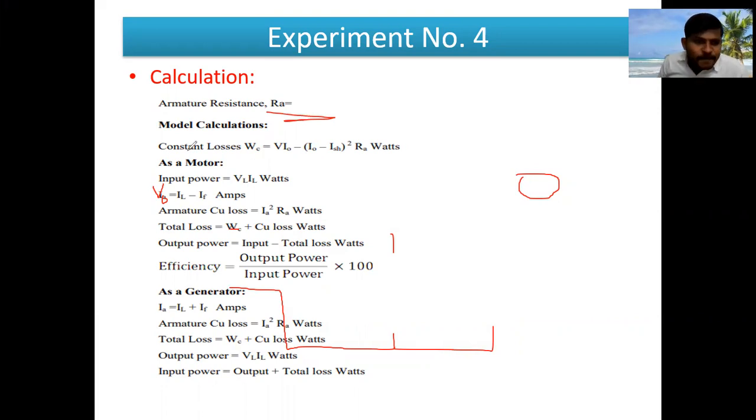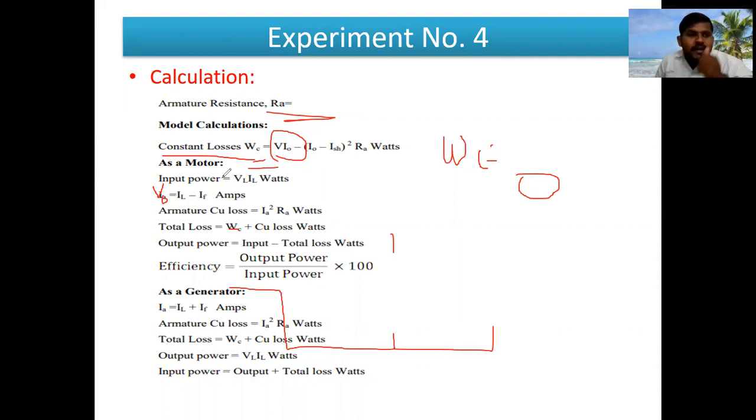After performing the test, in the calculation part, constant losses we want to calculate first. Constant losses we represent as WC. It is equal to no load power taken from the supply, that is V into I0, minus the copper losses, that is IA square RA. IA square RA losses जर calculate केले तर आपल्याला no load constant losses मिळतील.